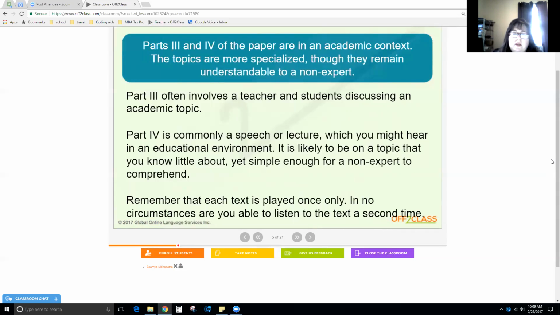Part 4 is commonly a speech or lecture, which you might hear in an educational environment. It is likely to be on a topic that you know little about, yet it's simple enough for a non-expert to comprehend. So it's kind of testing how well you can think critically and analyze what you're hearing and come up with a response.